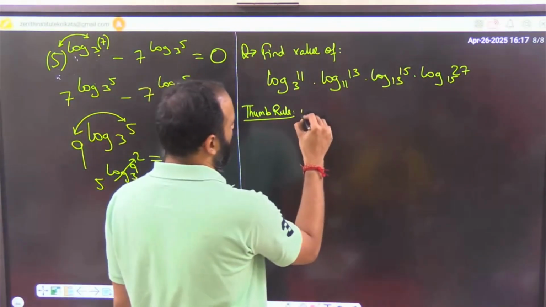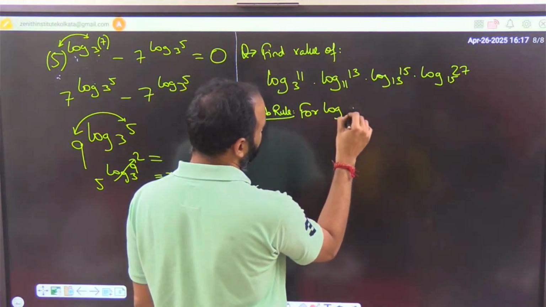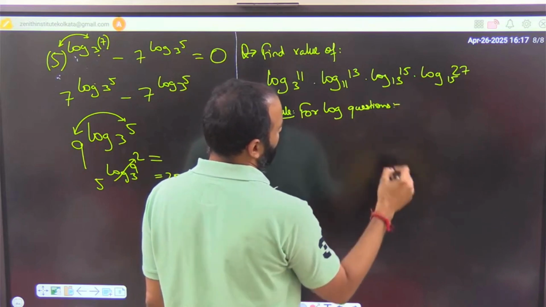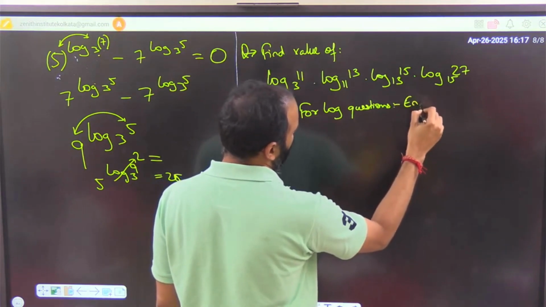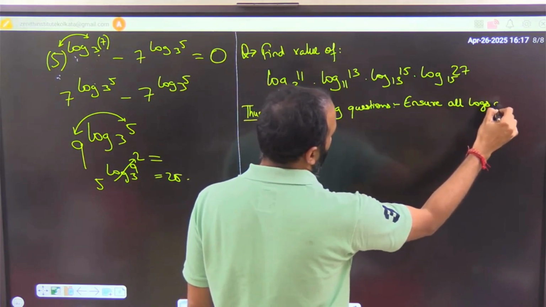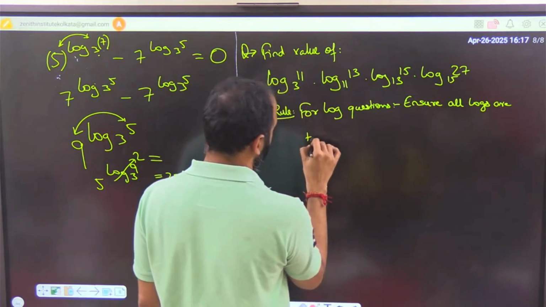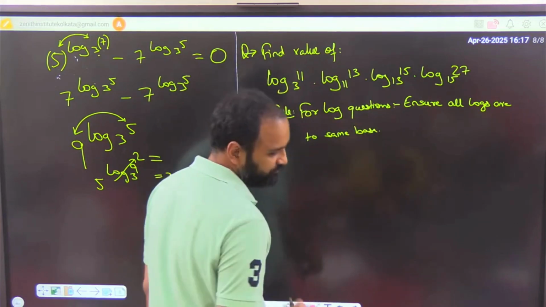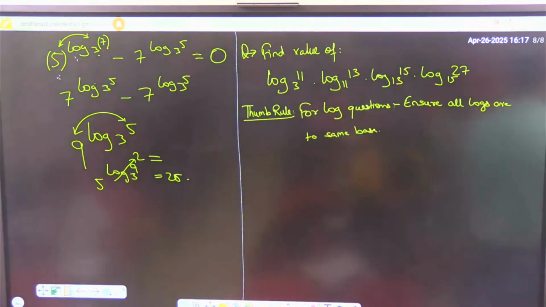For all log questions, one of the first things that we do is ensure that all logs are to the same base. We make a check for this. सबसे पहले ये check करना है. If all of them are to the same base, कोई issue नहीं है. We proceed with the question.